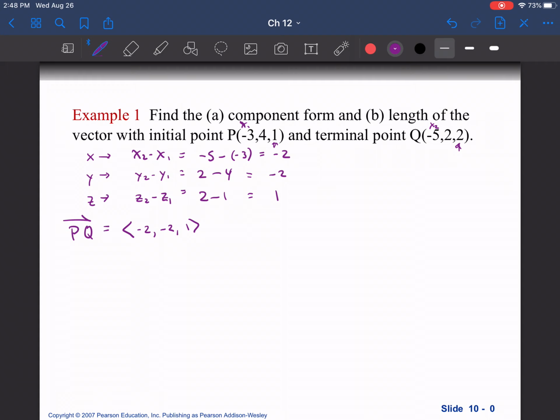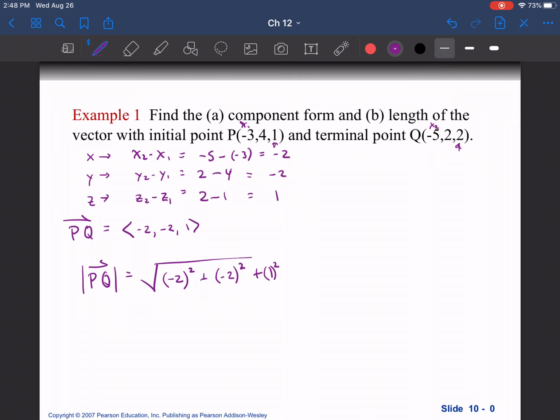And then the magnitude of this would simply be the length of this vector. We know that this side has a length of 2, this side has a length of 2, and this side has a length of 1, so we can just use the Pythagorean theorem. So the magnitude of PQ is going to equal the square root of negative 2 squared plus negative 2 squared plus 1 squared.